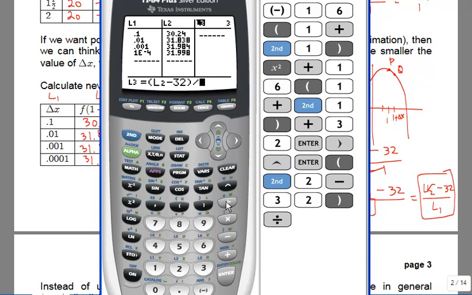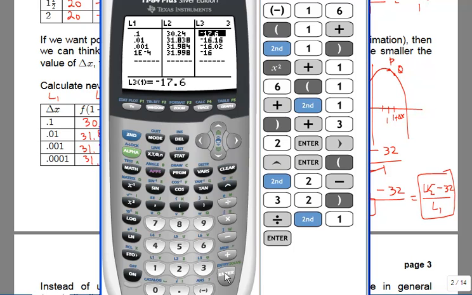And then I want to divide this by the difference in the x's. Since P and Q are only a distance of delta x apart, what we're really dividing by are my delta x's, and the delta x's are stored in list 1. So I'm going to type in list 1 on the bottom. Make sure you're using parentheses around that numerator. If I hit enter, then these values in list 3 represent the slopes of my secant lines as point Q gets closer and closer to point P.